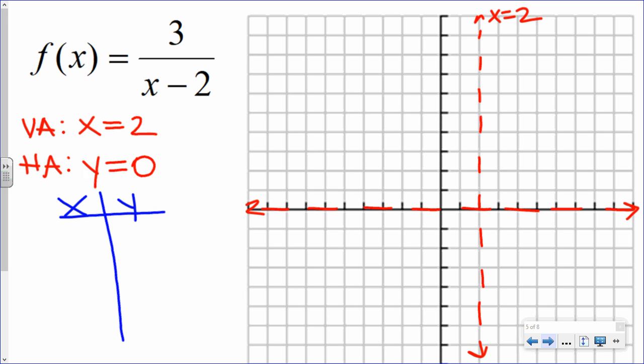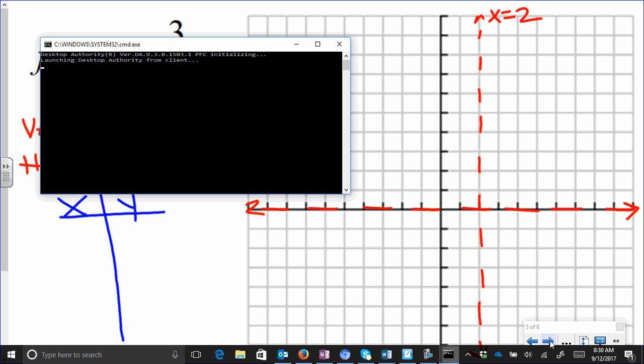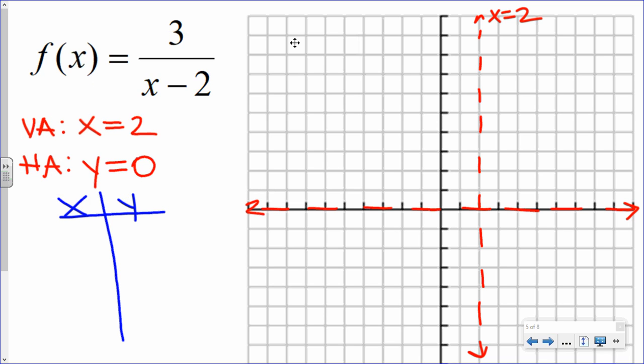And this is what I would do. Our vertical asymptote is at 2. So I'm going to pick 3 and 4 to plug in because they are just to the right of our asymptote.